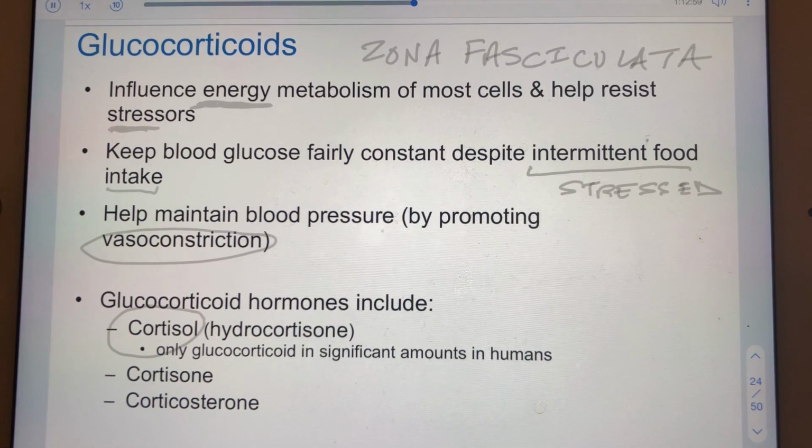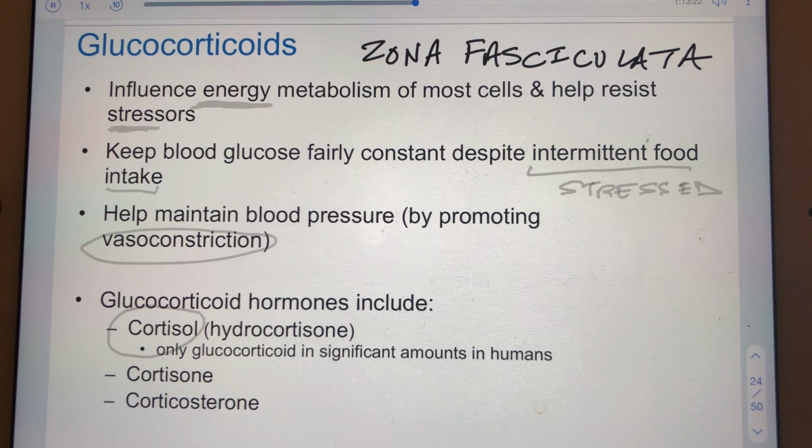Let's move on to slide 25. The glucocorticoids are the corticosteroids that are made by the zona fasciculata. I know, we're still in the adrenal gland.